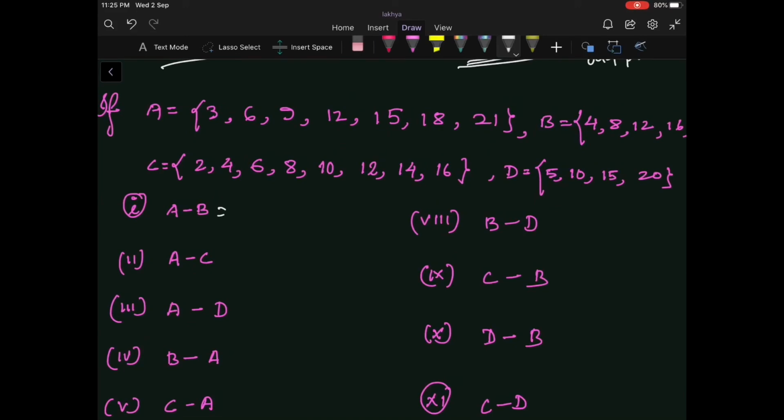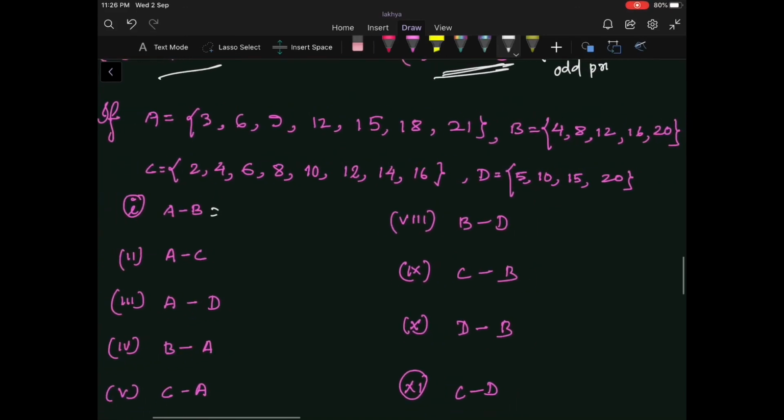A minus B means you have to eliminate all the elements of set B from set A that are in common. So what are the common elements in these two sets? Here I can see 12. Only 12 is common in these two sets. So let's eliminate this from set A. A difference B will be a set which does not contain 12.